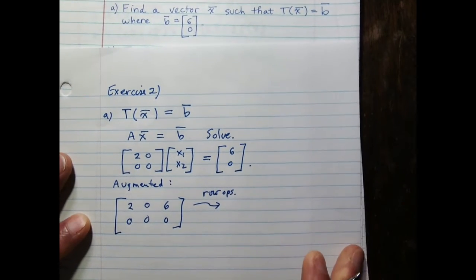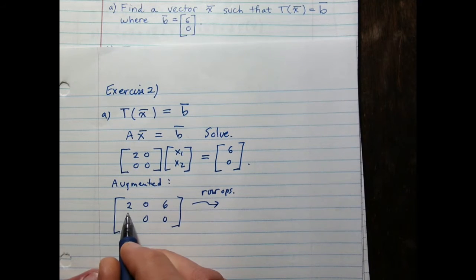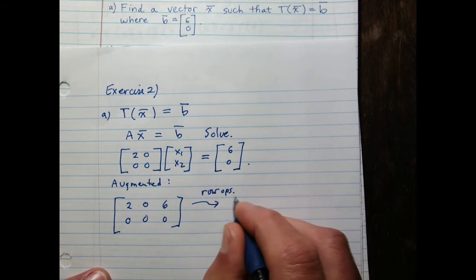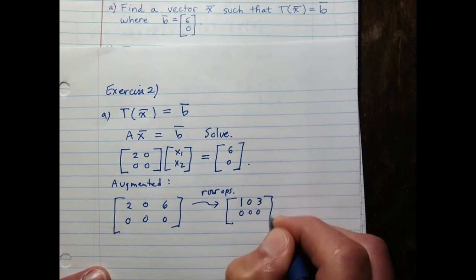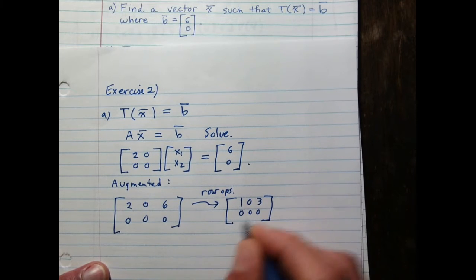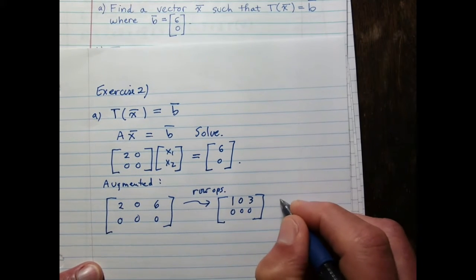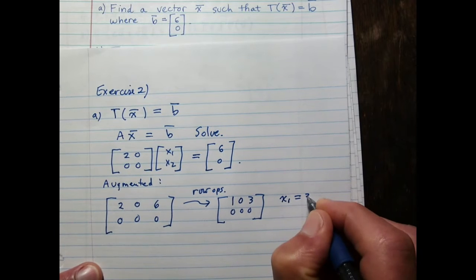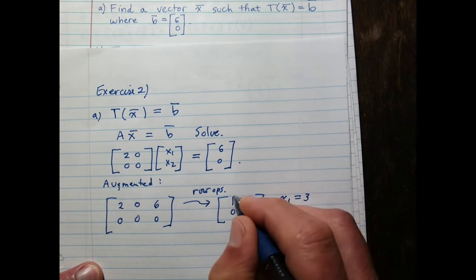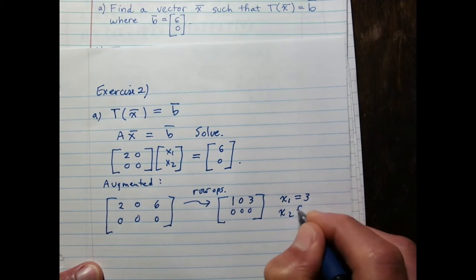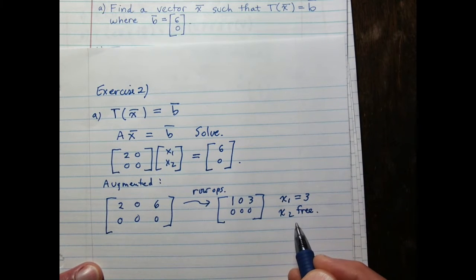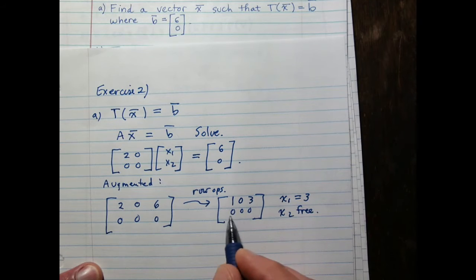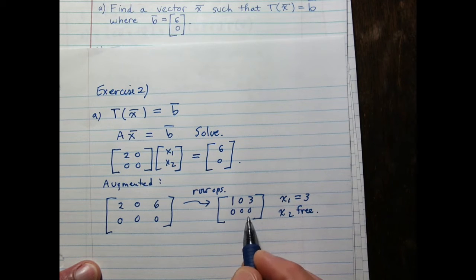And notice, if I just divide the first row by 2, I get 1, 0, 3, 0, 0, 0. I think it's already in reduced form. So I get x1 equals 3. x2 is free, because my second row is just a 0 equals 0 equation, right?